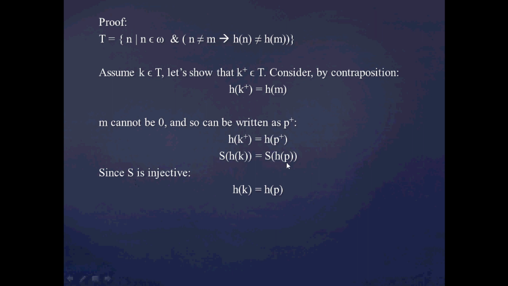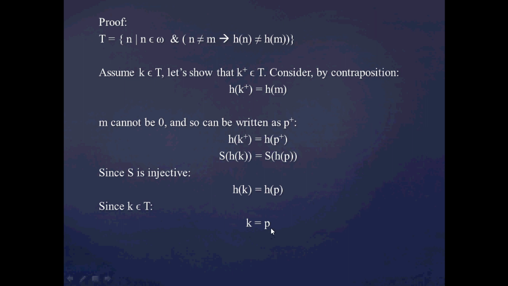So that means that this statement here implies that h of k is equal to h of p. And furthermore, k is in the set T. So that means that if I have the negation of this statement, that implies the negation of this statement. And you can see from that, h of k being equal to h of p implies that k is equal to p.